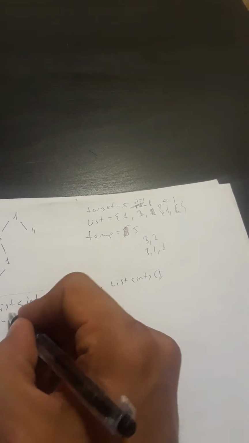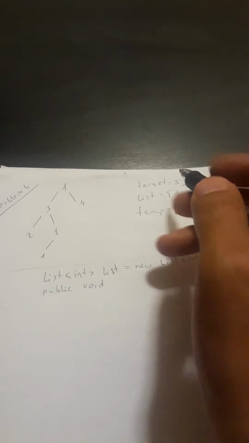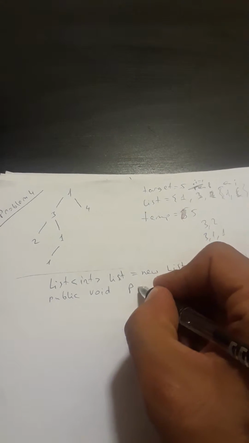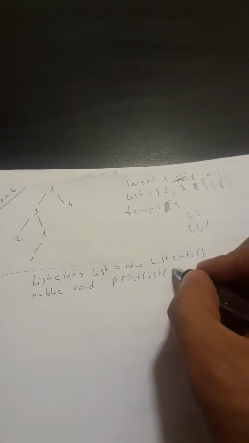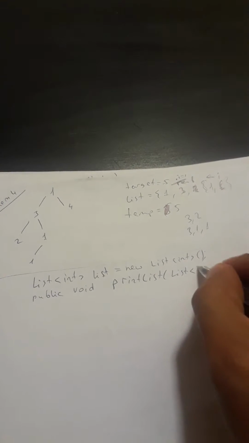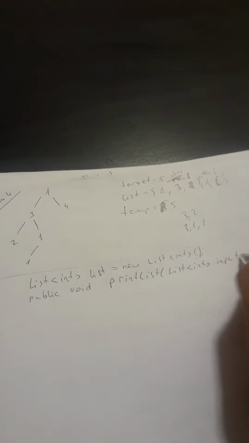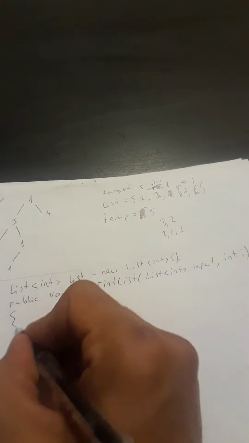Then let me first define the function which will print the elements within the particular path which sum to the target value. I'll call it print list, and the passed values will be the list itself, let's call it input list, and some pointer like int i.